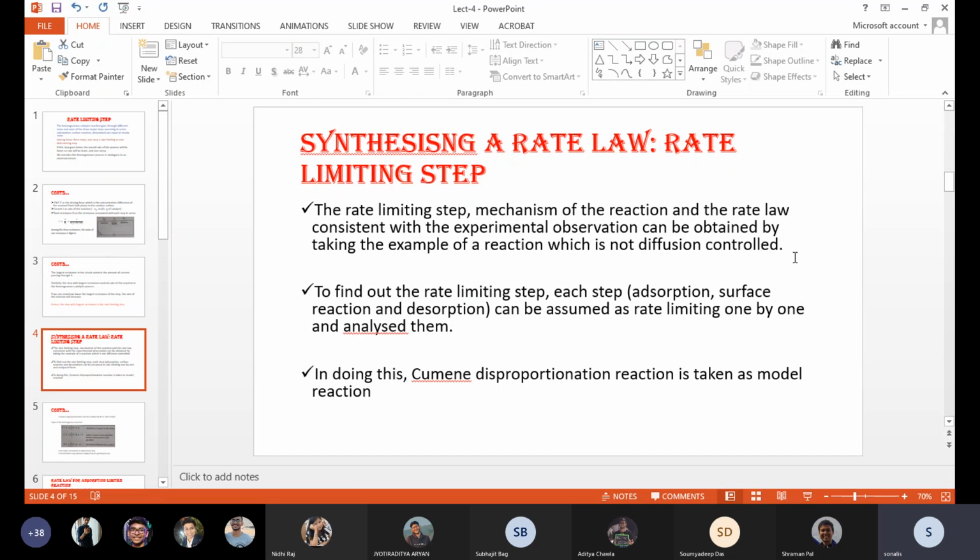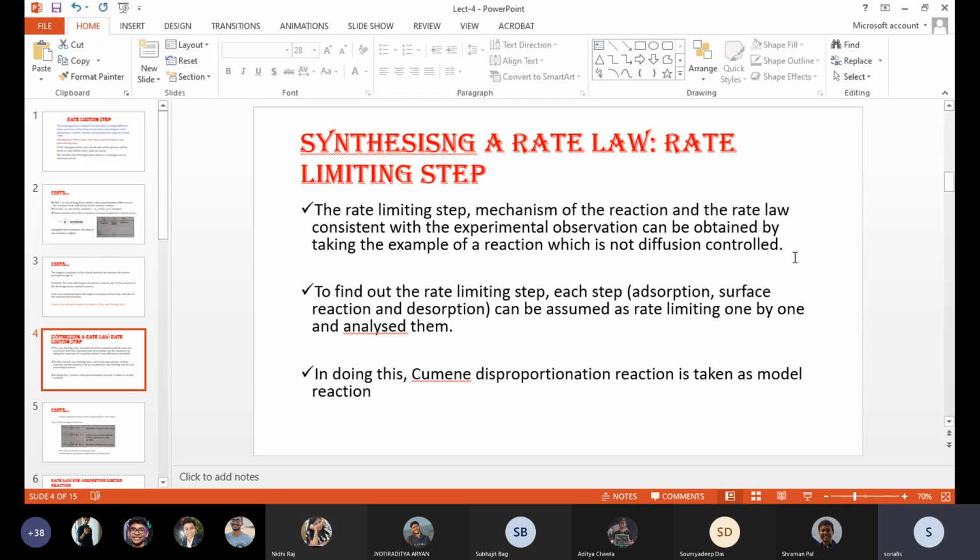So we can take each step one by one as the rate limiting step, deduce the rate law, fit the experimental data, and see whether it is giving our required rate equation or not.